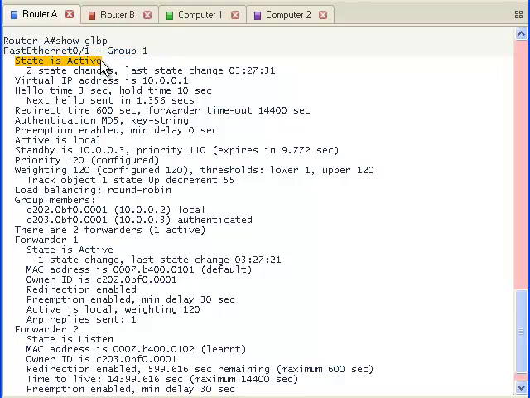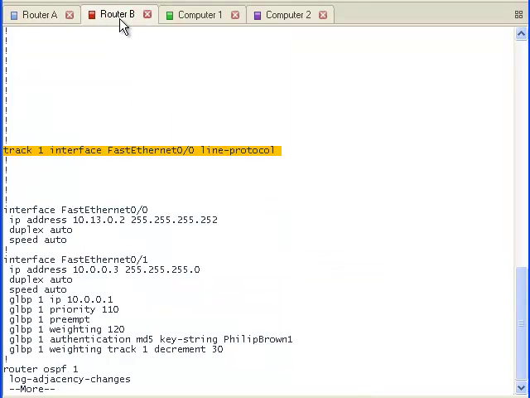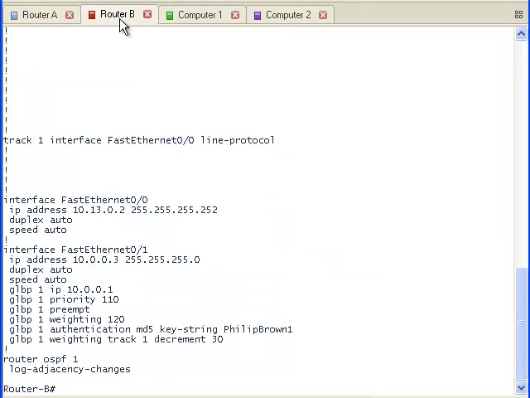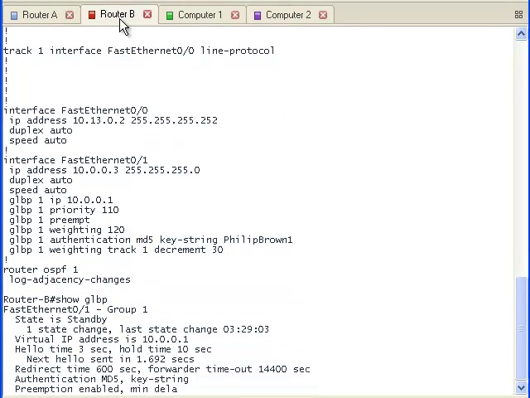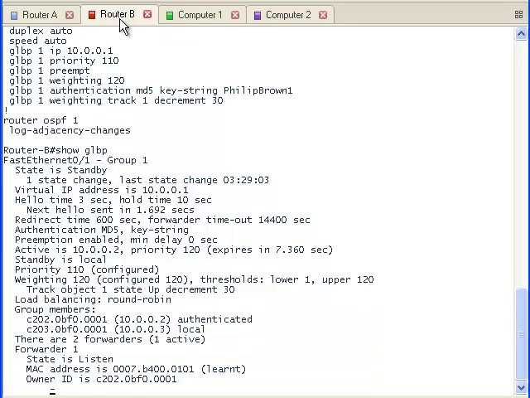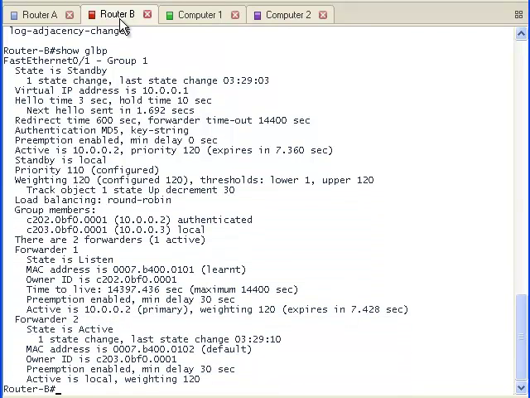It is also active. Now let's look again at the terminal window of router B. It is also a member of group 1, but it is currently in the standby state.